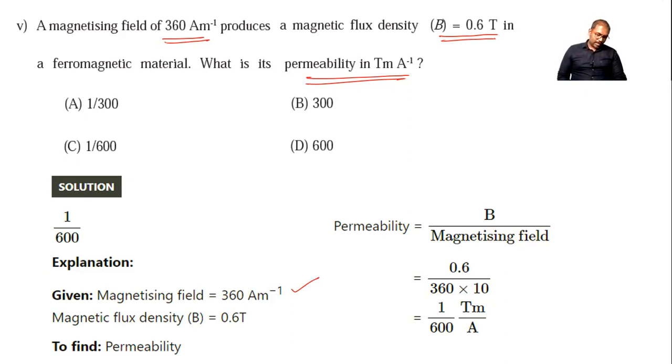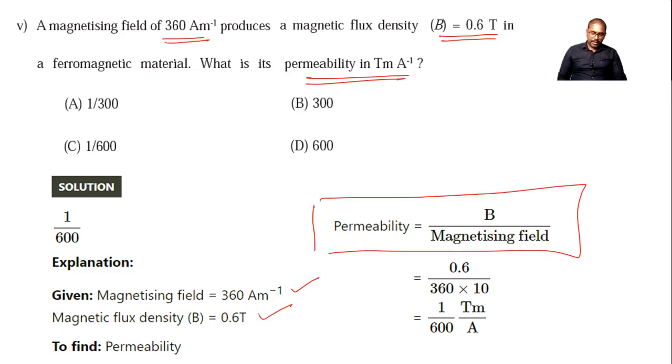Magnetic flux density is 0.6 and permeability is B by magnetizing field. So B is 0.6 and here magnetizing field is 360 ampere per meter. So by solving this, we get the answer 1 by 600.